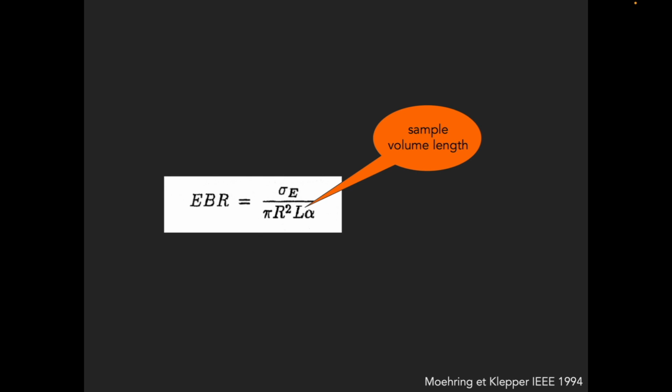The sample volume length is in this formula given by the capital letter L. It's in the denominator of the formula, which means that a large sample volume length will decrease the embolus to blood ratio. So it is preferable to use a rather short sample volume length. Normally 5 mm will be optimal.